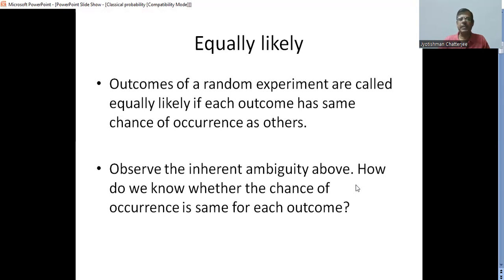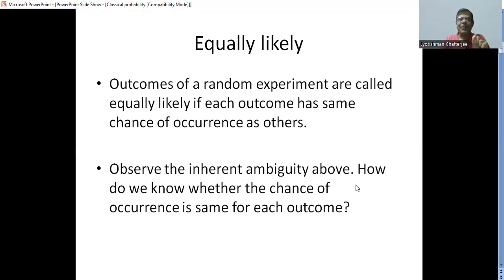Outcomes of a random experiment are called equally likely if each outcome has the same chance of occurrence as others. Say, if there are 5 outcomes of a random experiment, I'll call them equally likely if each one of them has got the same chances of occurrence as the other 4.